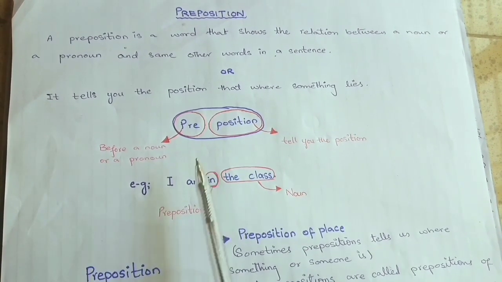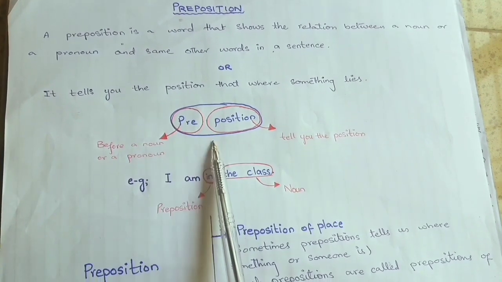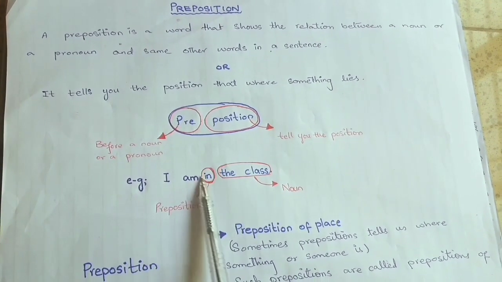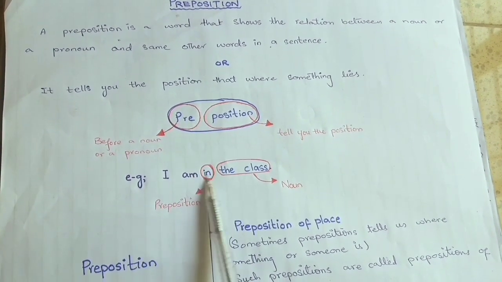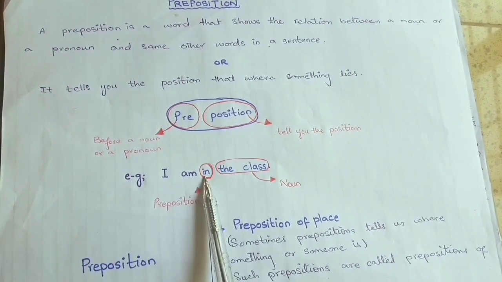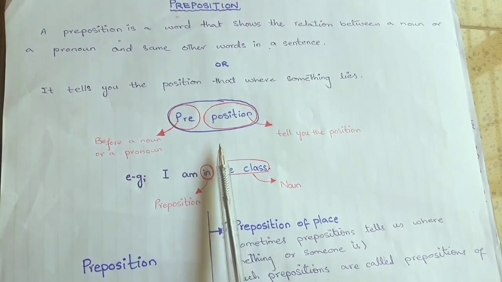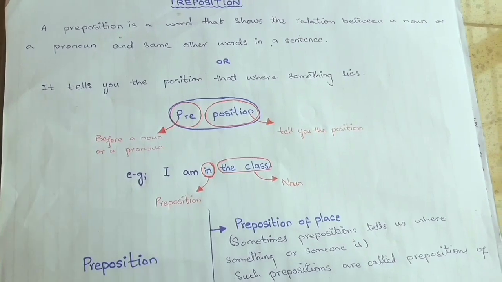When these two words mingle together, it becomes preposition, the word which is placed before a noun or the word which tells you the position of something is situated before a noun, then it becomes a preposition.